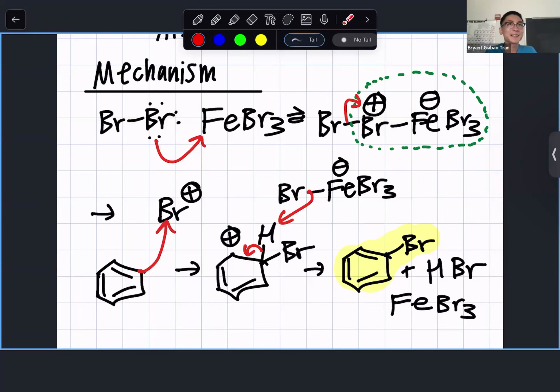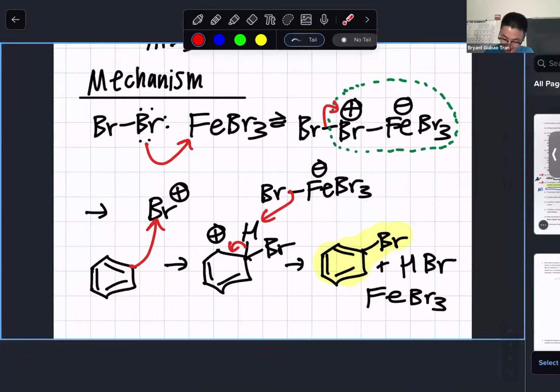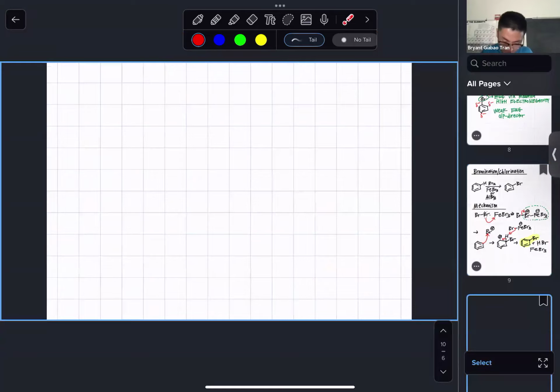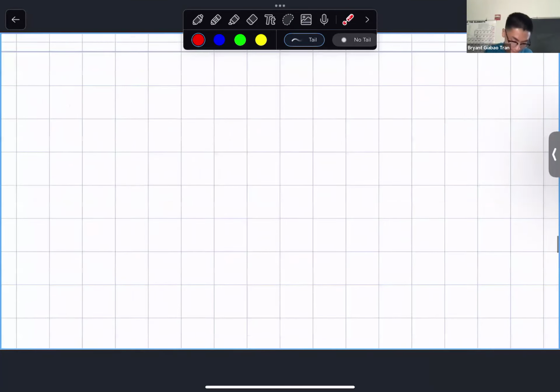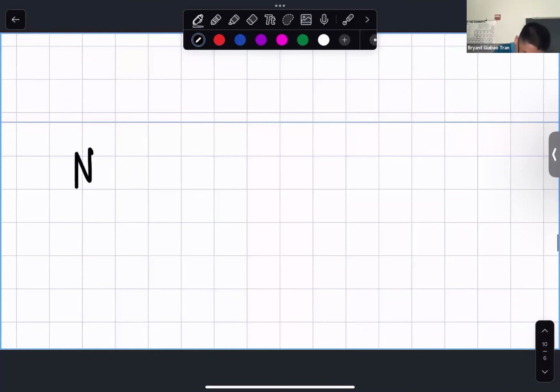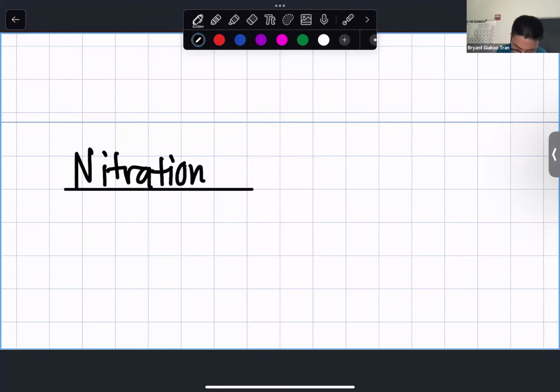Okay, now let's do nitration. For all of these reactions, we want to form an electrophile for the benzene to attack.